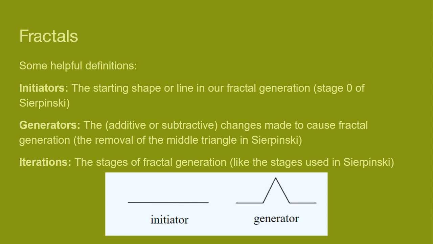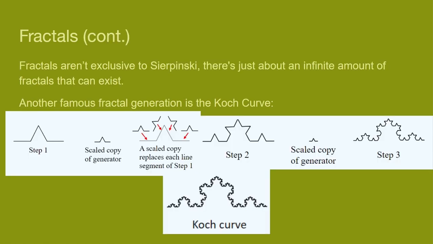For example, in Sierpinski's gasket, it would be the removal of that middle triangle in each triangle. Now finally, it will be helpful to know iterations, which are the stages of fractal generation. So if you think in Sierpinski, we just called them stages. Those are iterations.